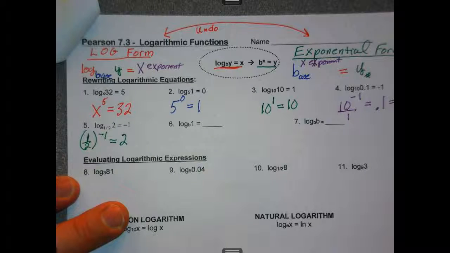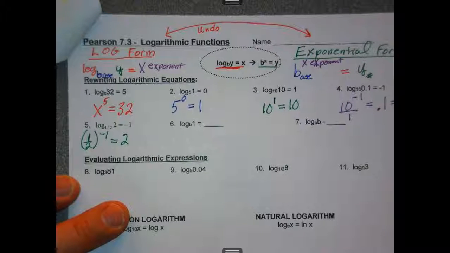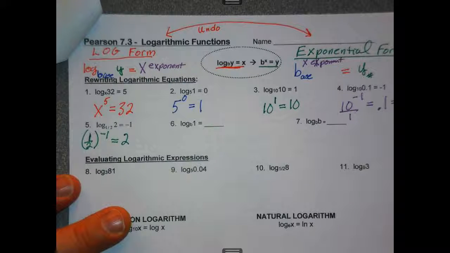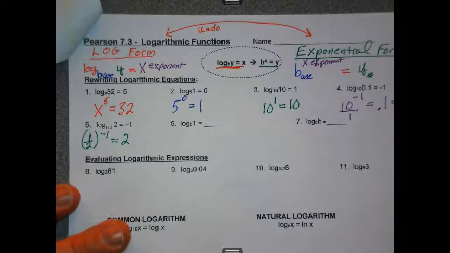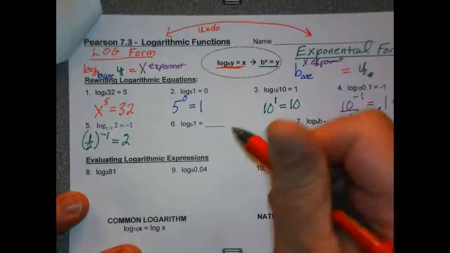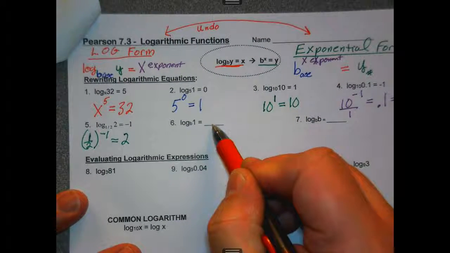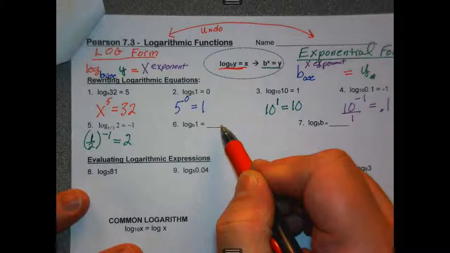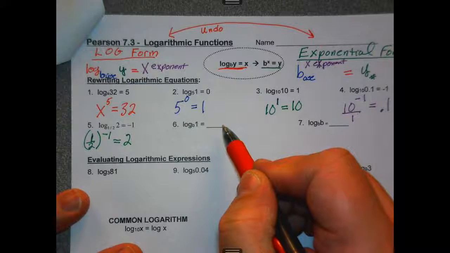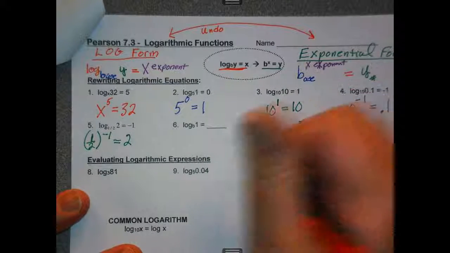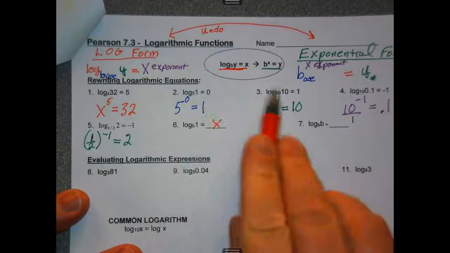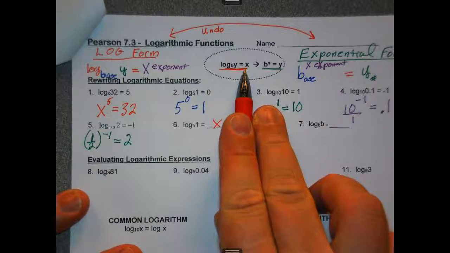Okay, number 6. No, and we'll get to that in a minute. No, yes and no. So we'll get to that in a few minutes. Okay. Now, this doesn't have an exponent, so what am I going to put there? X will work. Right? X, look at your log form.